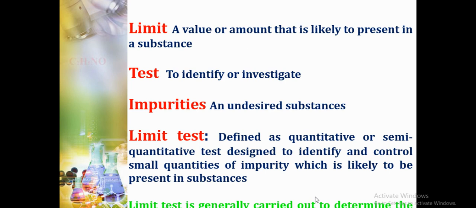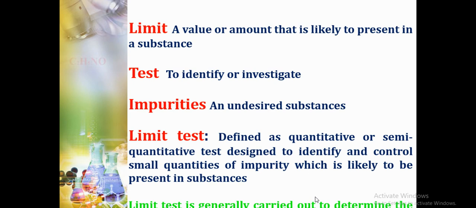As you can see, the limit. What is limit? A value or amount that is likely to be present in a substance. The test to identify or investigate impurities. As you all know, impurities are any undesired substance.